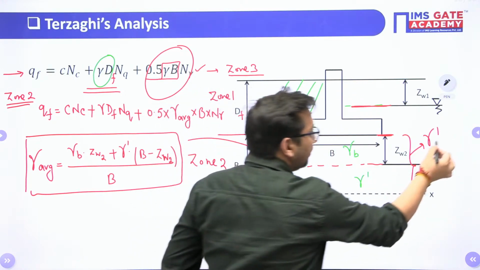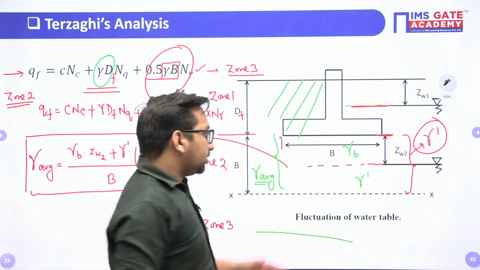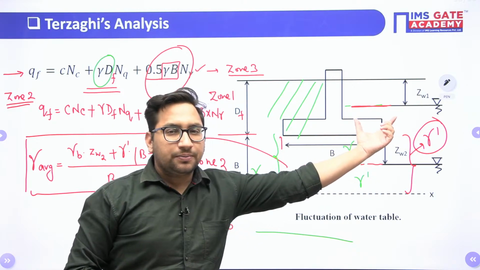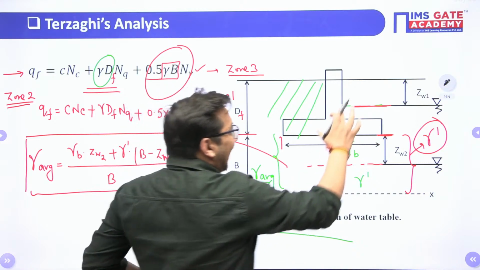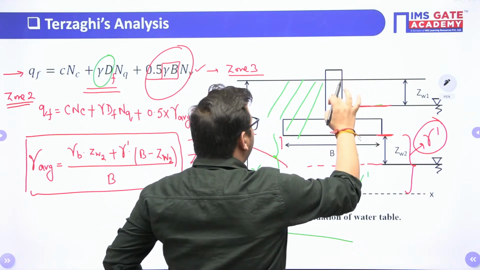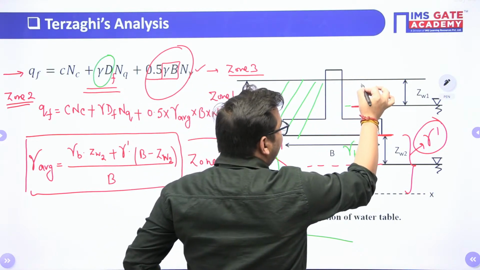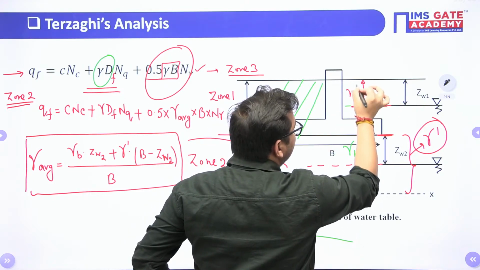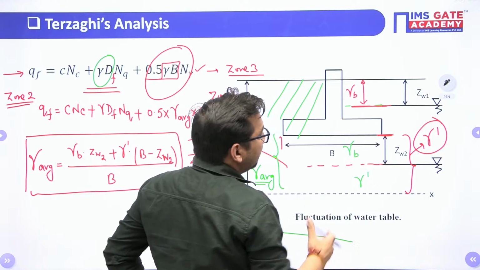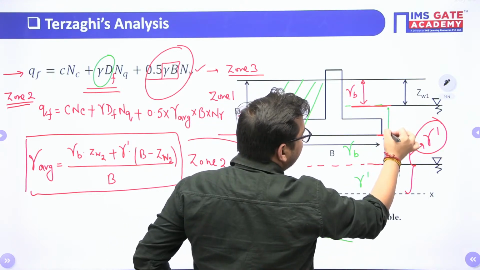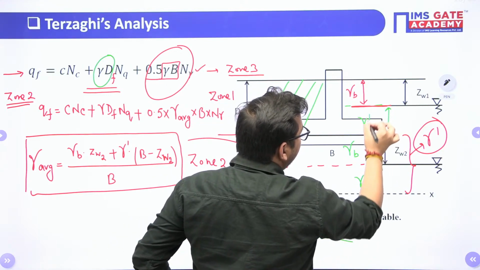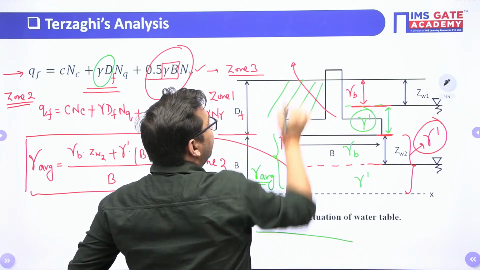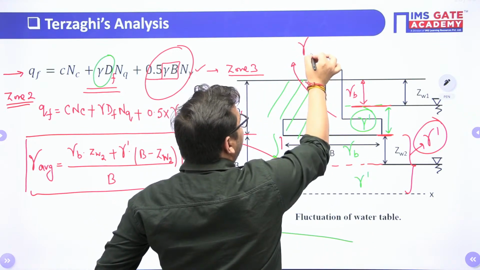Yes or no? For zone number 2, the whole soil is now in submerged condition if the water table is in zone number 1. And for zone number 1, now I have to take the average gamma, as this soil is, let's suppose, in bulk condition and this soil is in submerged condition, we know. So here now the average gamma will be used, right? So what will be gamma average in this case?